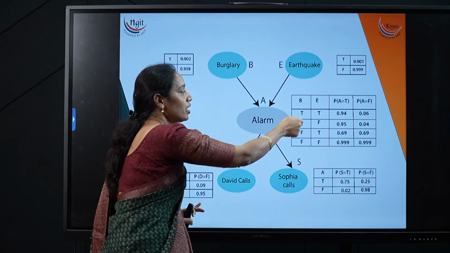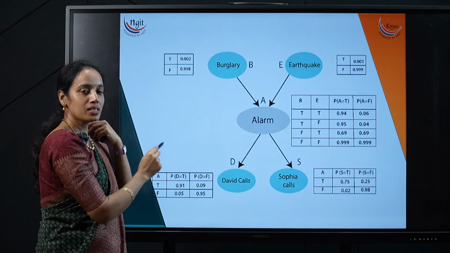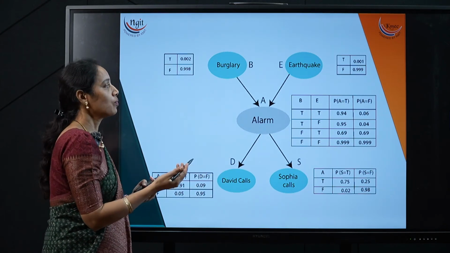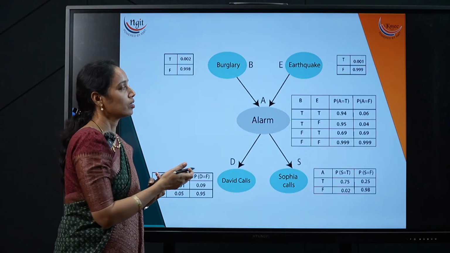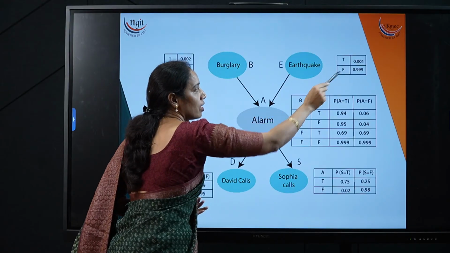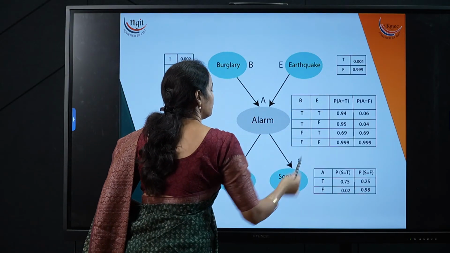In this way, we first create the conditional probability tables for each and every node. Based on this, we find the probability whether the alarm has rung or not. And similarly here, the probability there is an earthquake is 0.001, and the probability there is no earthquake is 0.999.